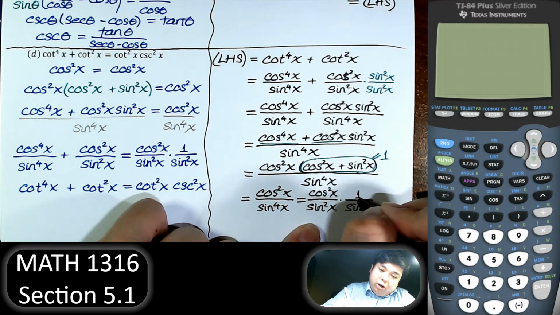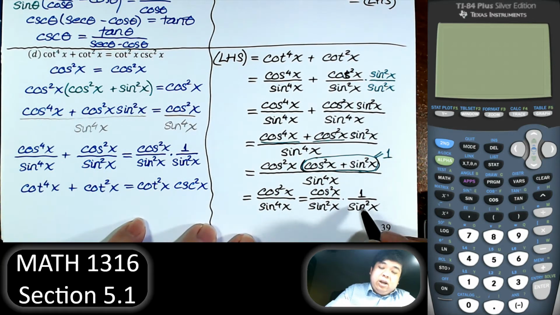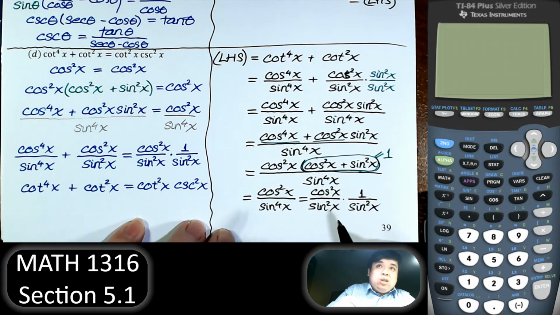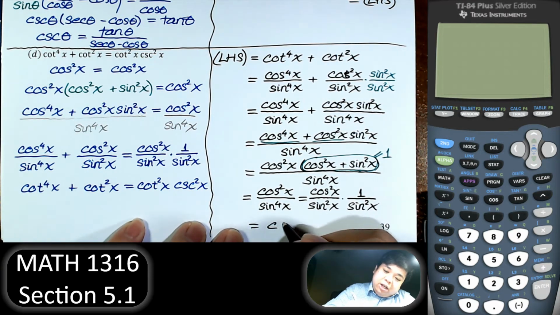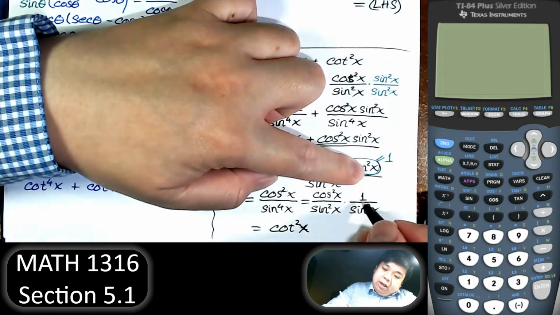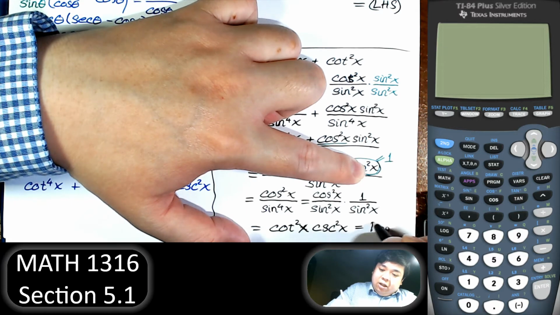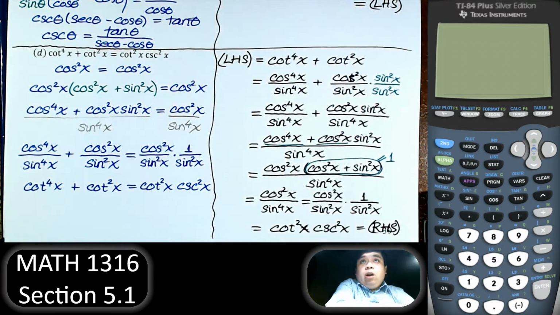Then we can put 1 on the top. Cosine square over sine square is cotangent square. 1 over sine square is cosecant square. So we have cotangent square and then cosecant square. Of course, that is the right hand side. So that's how we prove it.